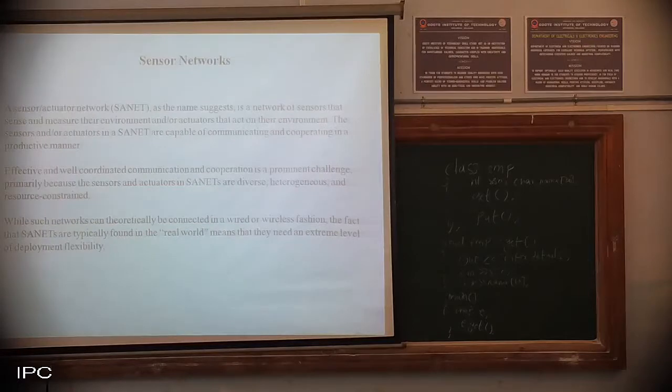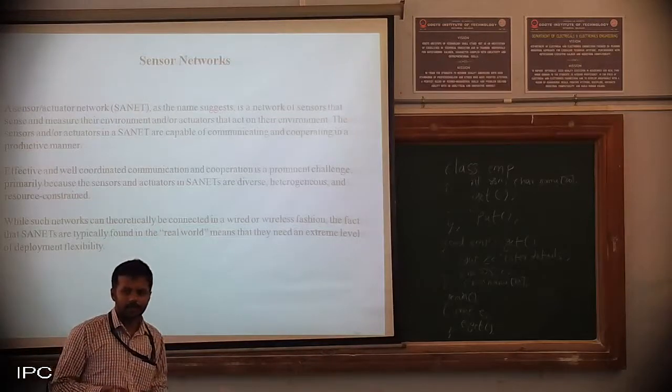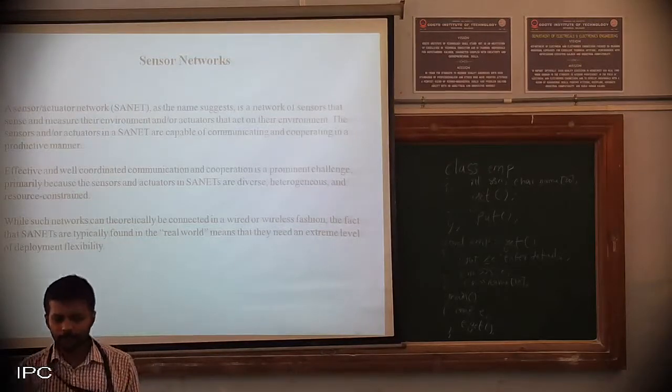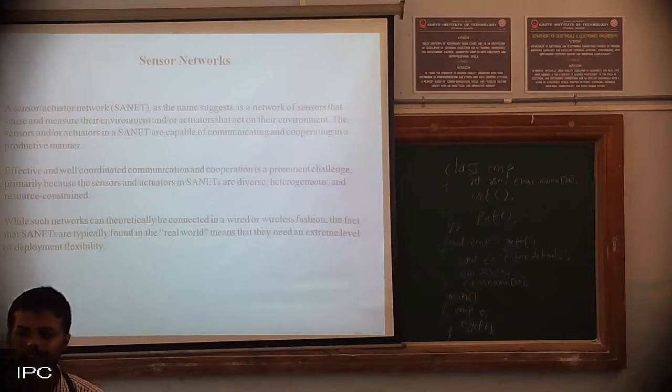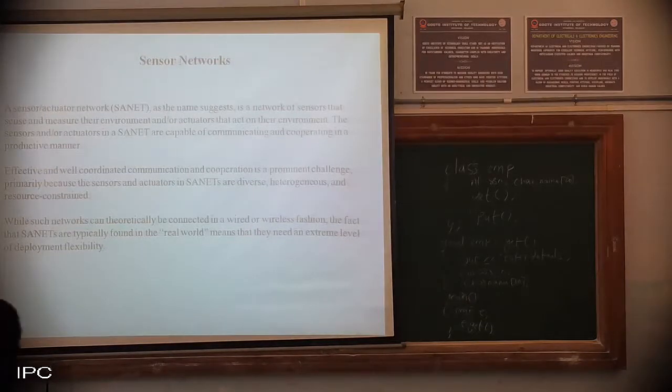And then next is SANet, that is the sensor network. Okay, sensor actuator network, or in general we call it the sensor network. In short we will be calling this SANet. So what does SANet mean?